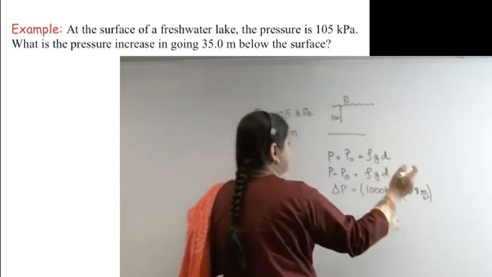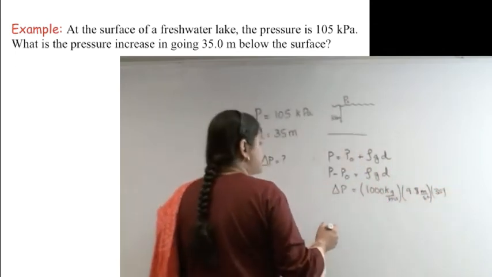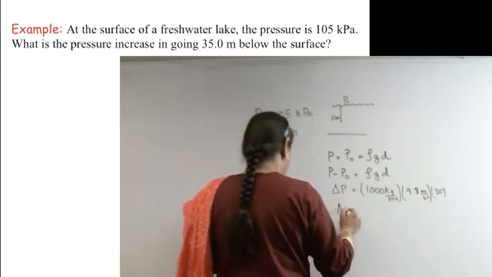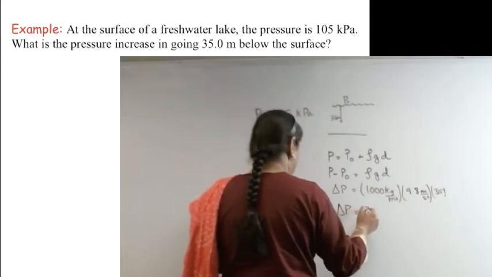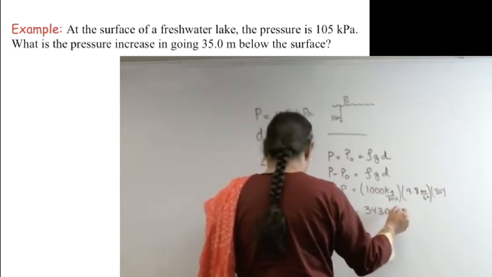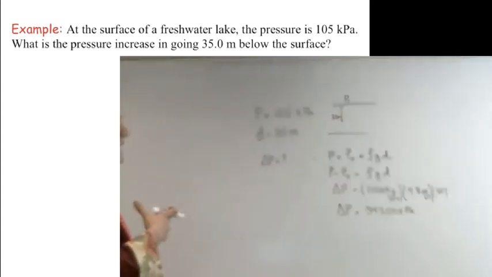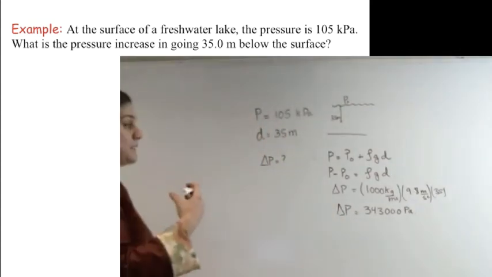And D is given, which is 35 meters. In this case, delta P, which is the change, is going to be 343 pascals.